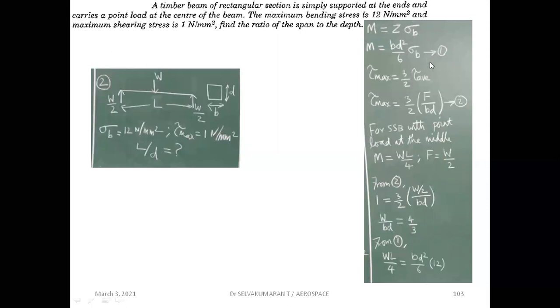From equation 1, M is nothing but WL by 4, equal to BD square by 6 into sigma B, which is 12. So substitute here, take the BD to the left hand side denominator, W by BD is nothing but 4 by 3, and take this D to the left hand side denominator.